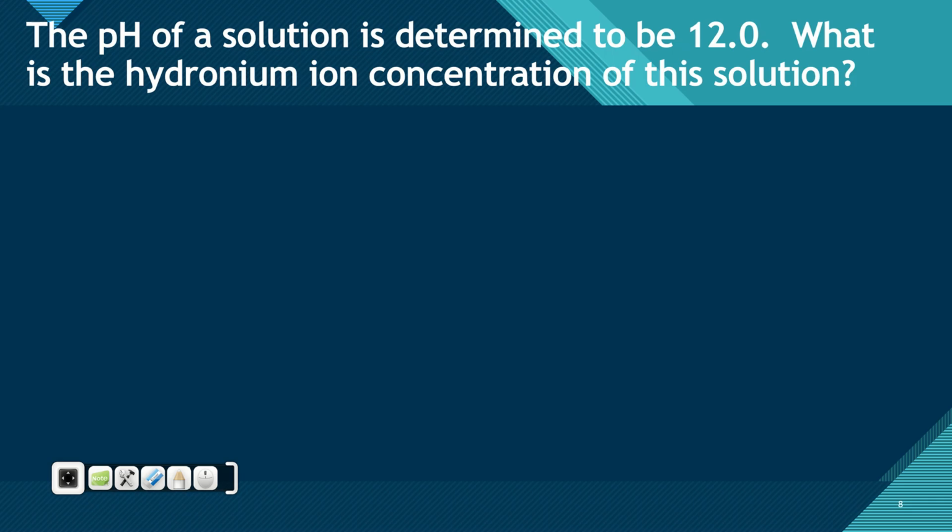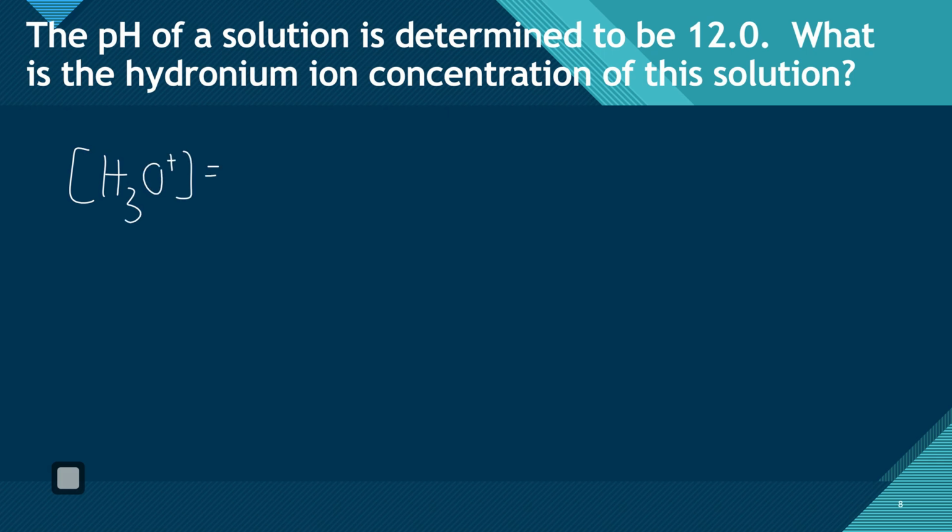I guess we are doing 3 examples for each. What if now it's saying I want to calculate the H3O plus? My formula for this is H3O plus is equal to 10 to the negative pH power. It says the pH of the solution is determined to be 12.